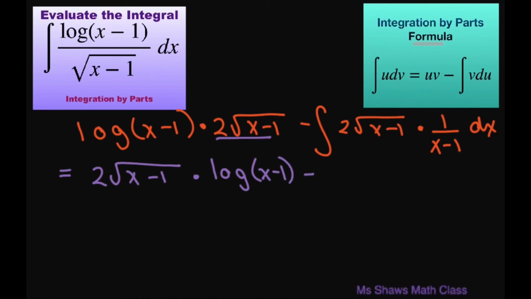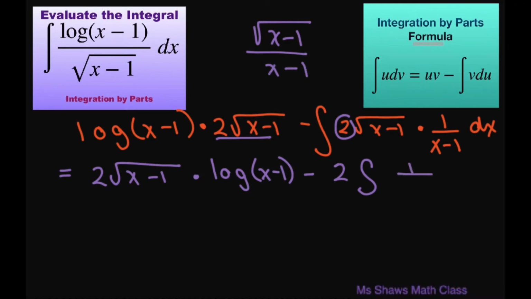and I'm going to pull out this 2, so this is going to be minus 2 times the integral, and when you divide square root of x minus 1 by x minus 1, that's going to give you 1 divided by square root of x minus 1 dx.